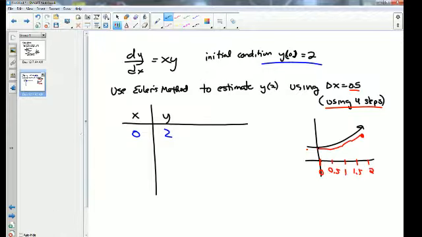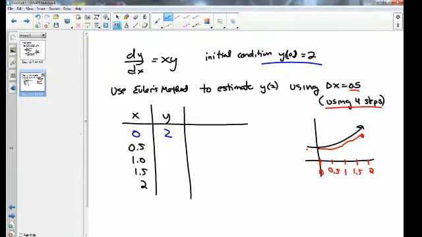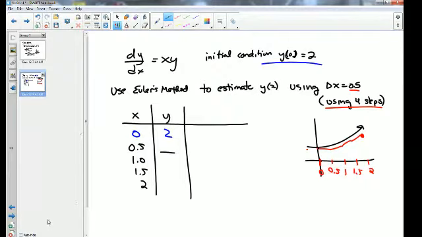And then we need to calculate the new value of y, because it's going to move based on that tangent line slope. That's going to be these values we're recalculating. We know that the x values are going to be every 0.5, or there are 4 of them, right? 4 new steps. The question is, how do we get that number right there?